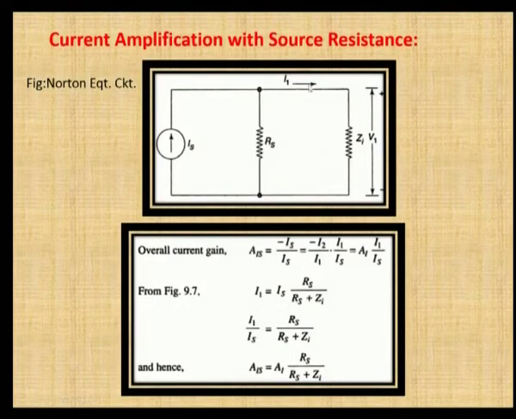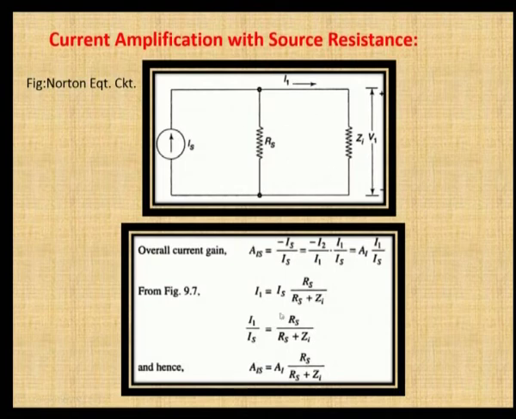For the current amplification factor, we are considering the input part as Norton's equivalent circuit, and you know that for Norton's equivalent circuit, the current source is connected in parallel with the source resistance, and from here you are calculating the current through the resistance Zi as the source current into the opposite resistance divided by the total resistance.